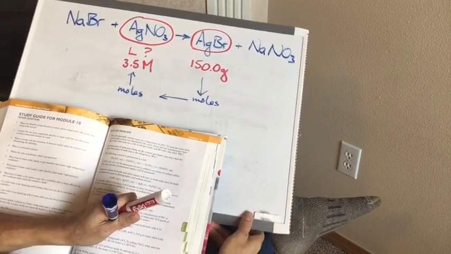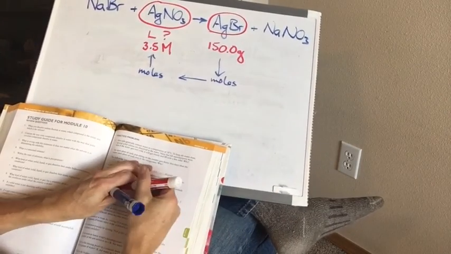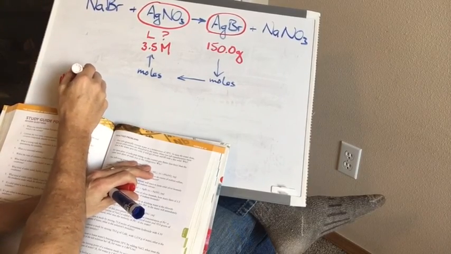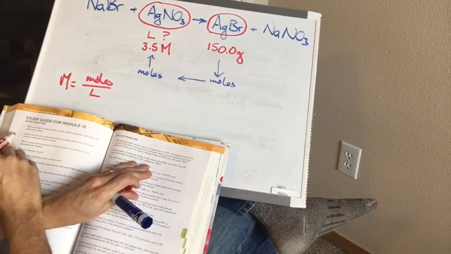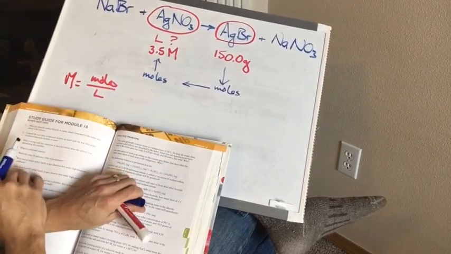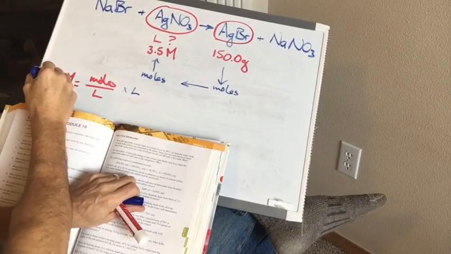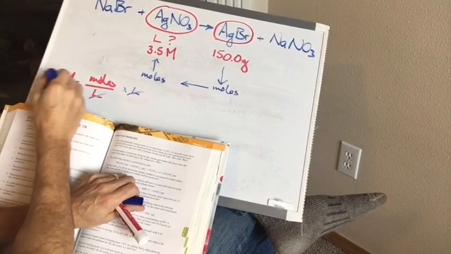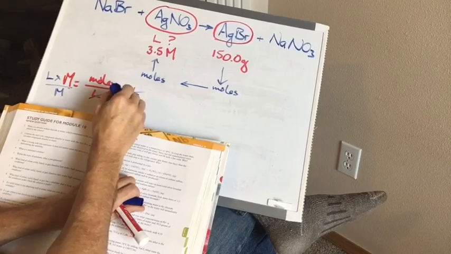And to go from moles to liters here, we just got to remember our formula. Molars equals moles over liters. A little algebra will show, to solve for liters, we want to get liters on one side. So let's multiply this side by liters, and this side by liters. That gets liters on this side. And let's divide this side by molars, and this side by molars.